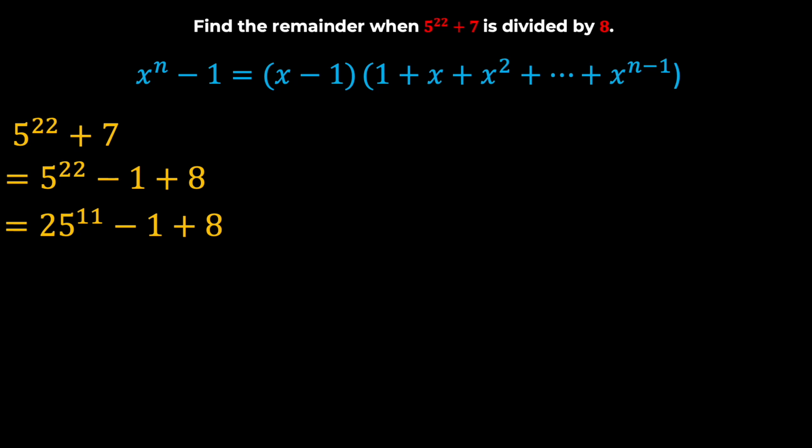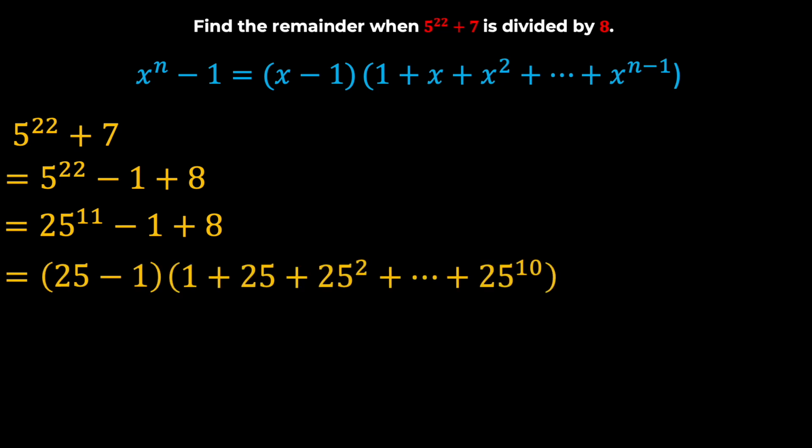Now I will apply the identity, so I will have 25 minus 1 times 1 plus 25 plus 25 squared, and so on, up to 25 to the power of 10, and of course we have a plus 8. Again, notice that this part is an integer, so I can replace it with some integer like m, so I will have 24 times m plus 8.